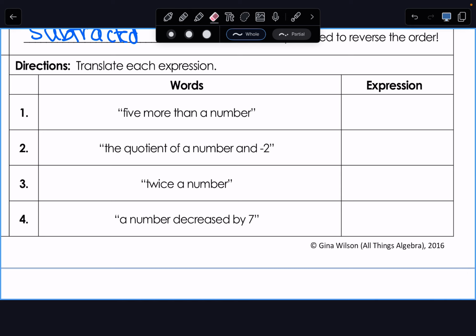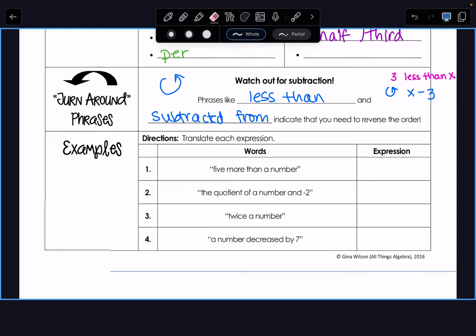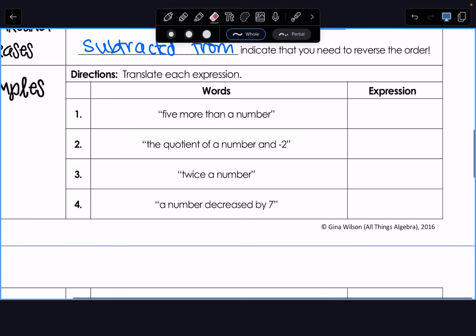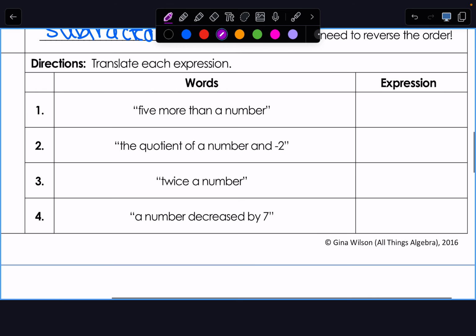And what I want you to do is I want you to underline the word or words that tell us what our operation is. Okay? So what word do I need to underline or words in number 1? More than. Okay? And Matthew, more than would mean what operation?